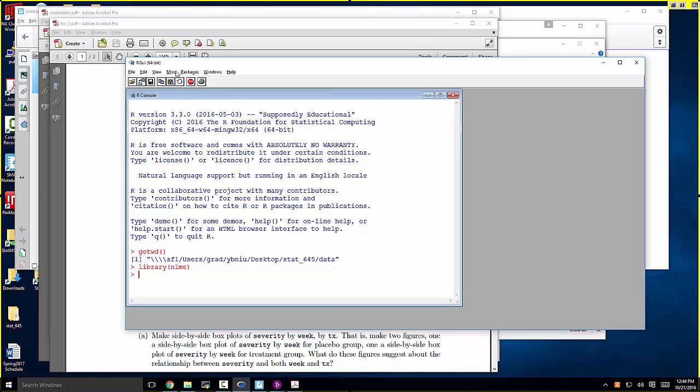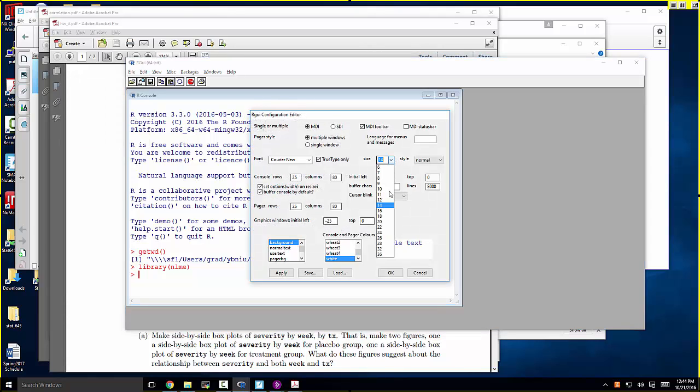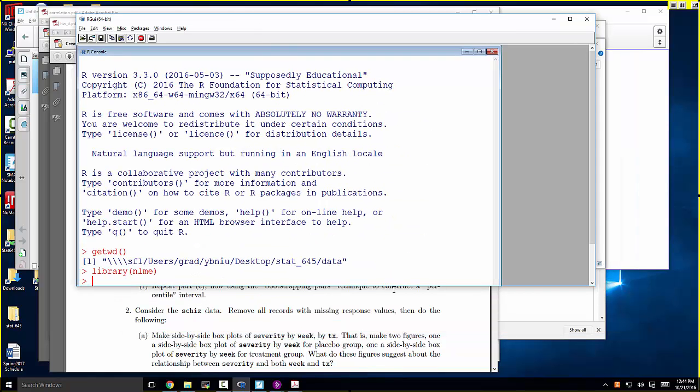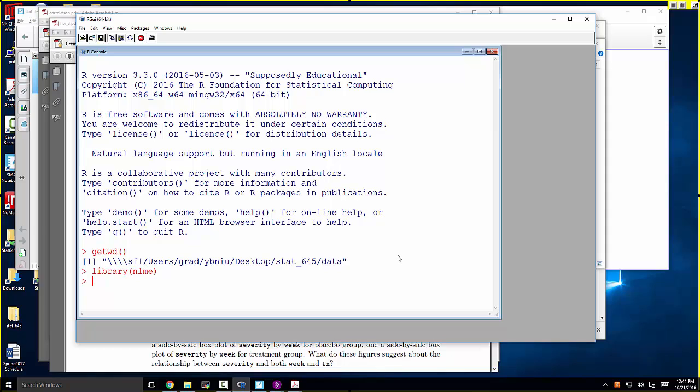Okay, I already have nlme on this computer. When you library in this package, nlme, you have access to this built-in data set called Orthodont. You can access Orthodont by saying data(Orthodont).